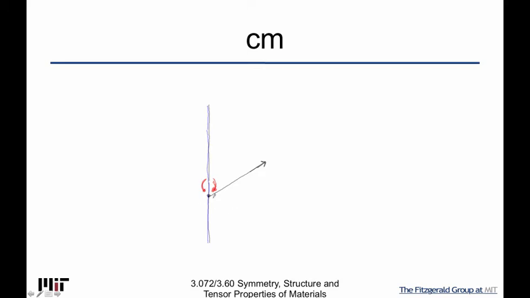And we're going to break that down into two components. There's the one that is perpendicular to the plane, or line in this case, and then one that's along it, right? T parallel and T perpendicular.